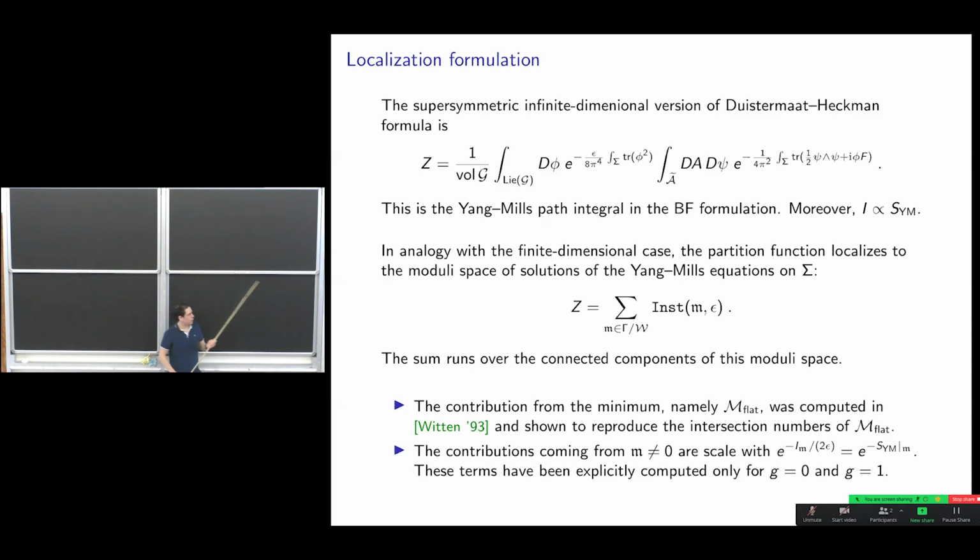But of course, the full result contains not just the case where M is 0, but contains all the contributions. And as we expect from a perturbative argument, of course, they should scale with this exponential in front. And these contributions in the literature only appeared for 2 specific cases, which is genus 0 and genus 1.